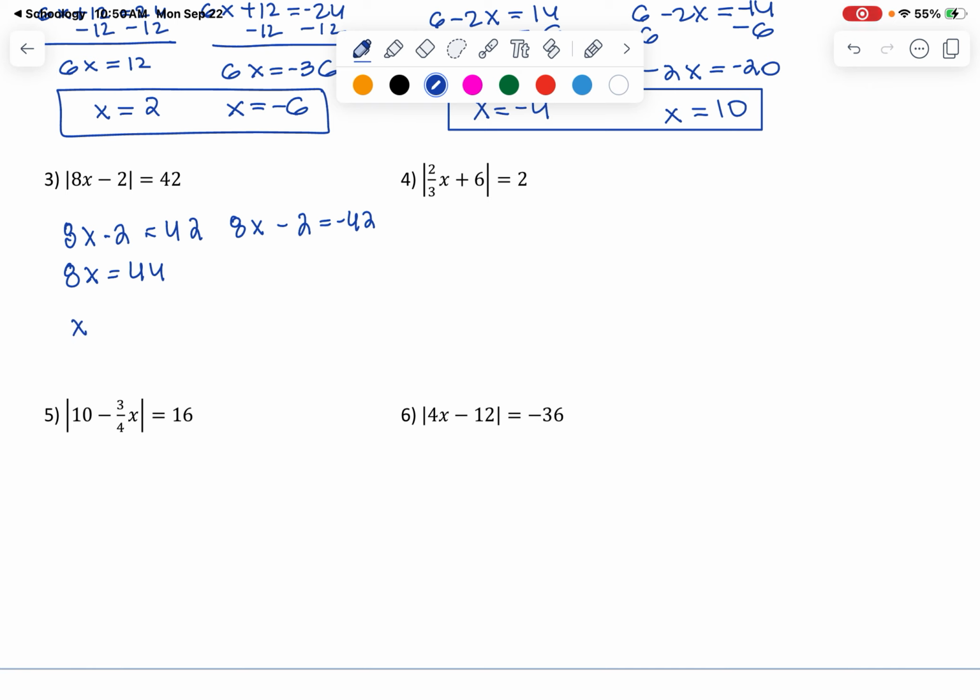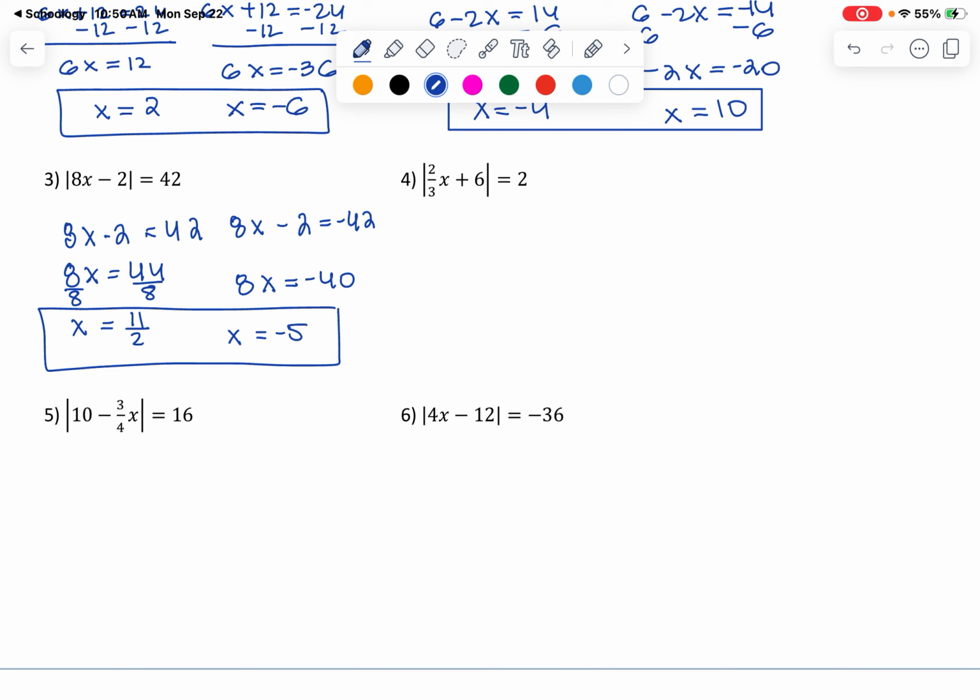Divide by 8. Now, 8 does not go in nicely into 44, so we're just going to simplify this fraction. 4 goes into the numerator 11 times, and 4 goes into the denominator twice, so that's 11 halves. The next one, add 2 to both sides. We have 8x equals negative 40, so x equals negative 5. So there are your two solutions to that one.